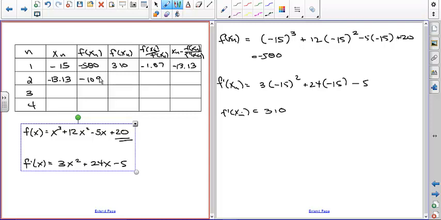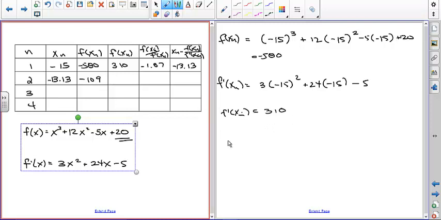And let's do the derivative. Let's see, what am I doing next? Negative 13.13 minus 5.